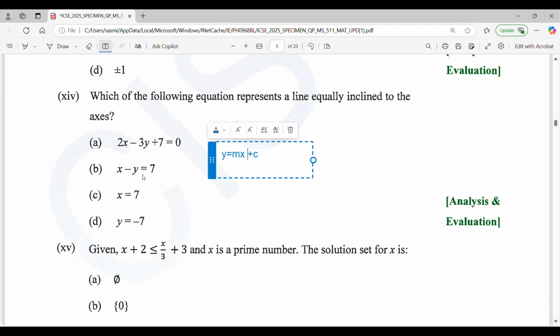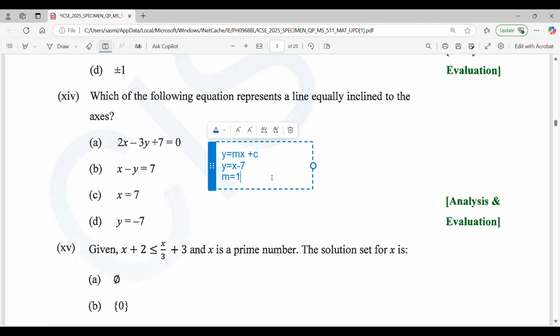This is x minus y equal to 7, which gives y equal to x minus 7. So this is in the form y equal to mx plus c. Here m equals 1, where m means slope.